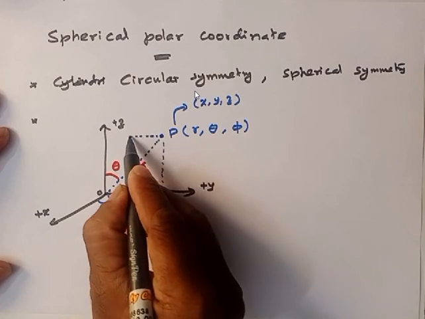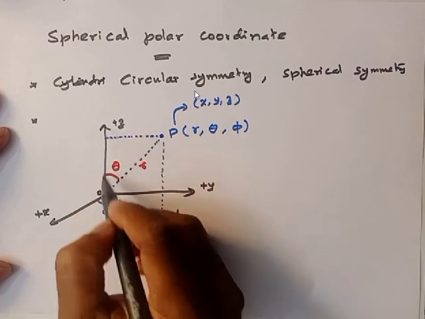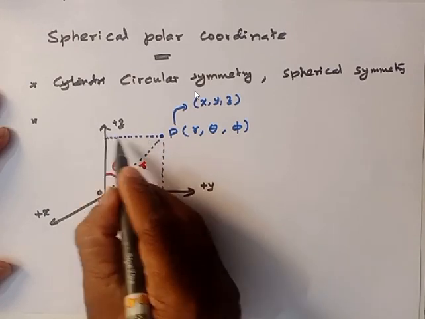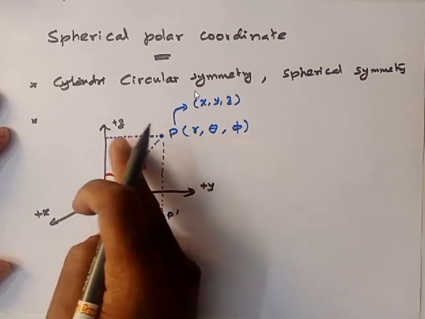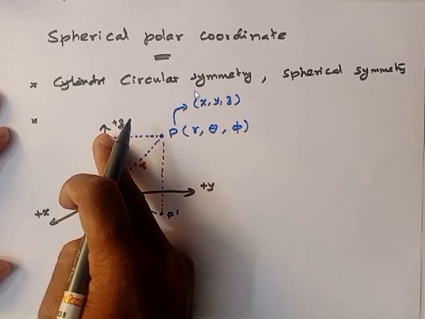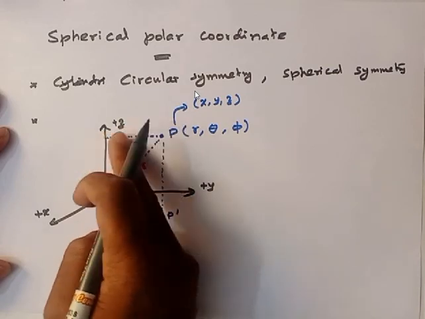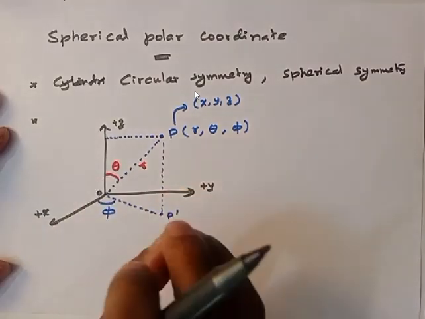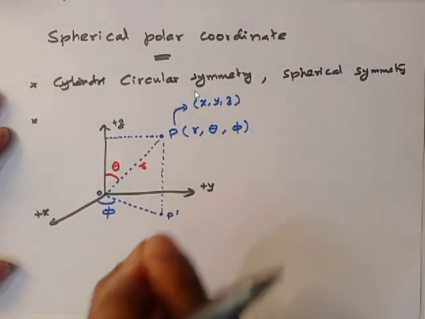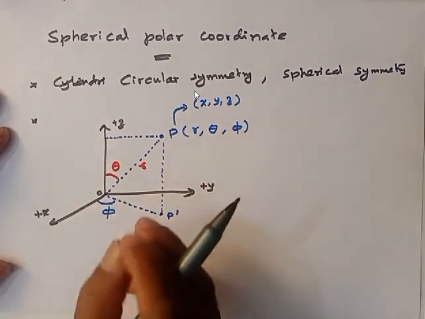I'll draw a perpendicular line from the point P to the z-axis. It may join the positive z-axis or the negative z-axis, whatever it is. You draw a perpendicular line from the point P to the z-axis.